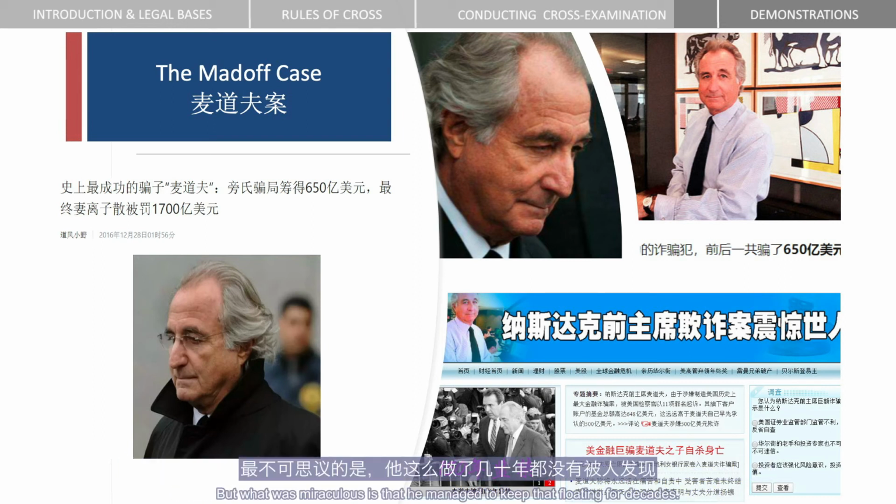What was miraculous is that he managed to keep that floating for decades. When it was disclosed that it was all a fraud, Bernard Madoff pled guilty and got 150 years in prison, so he's still in prison. But a couple of years later, the government charged several employees who worked for him with participating in the fraud.